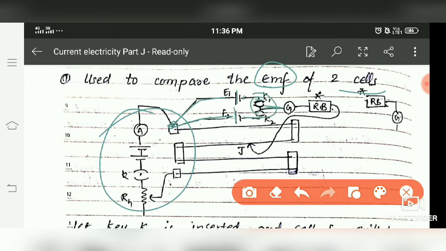This is a two-way key. This is connected to a jockey, and the jockey to a resistance box, then the galvanometer to the resistance box, where the jockey is used to find the deflection in the galvanometer, and we have to stop where the galvanometer shows no deflection, that is called the null point.